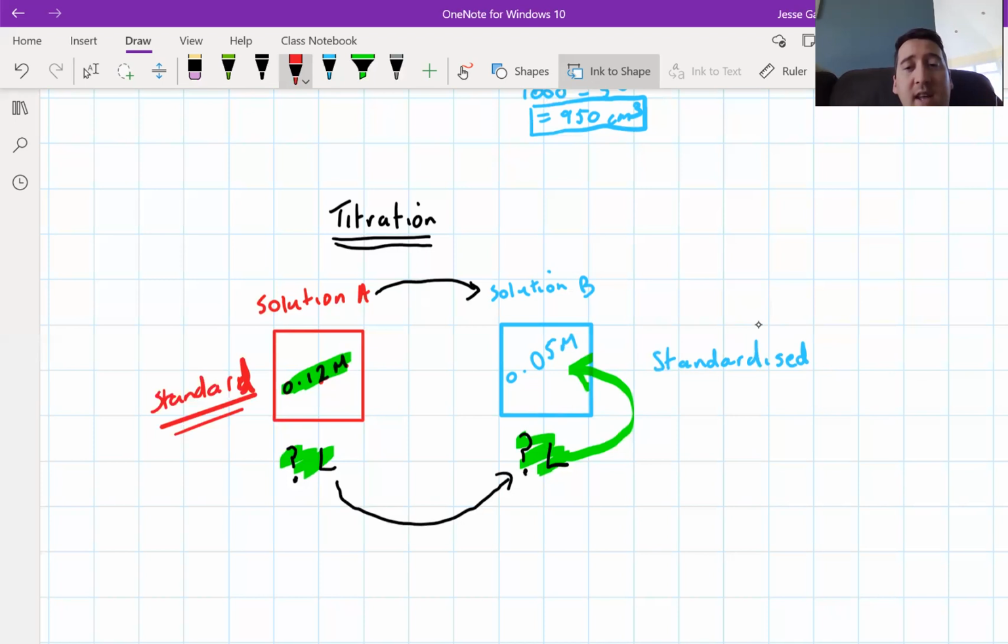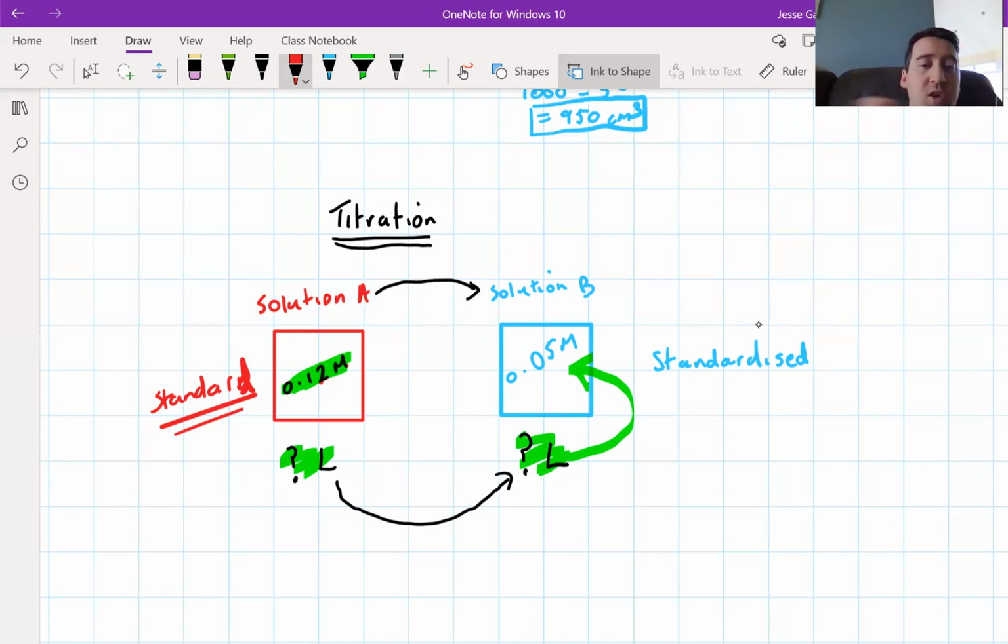Now, is it as accurate as A? Probably not, because things can go wrong in the titration, but it's going to be pretty good. It's definitely not as good as A, but if you've done it right, it should be very close to the real concentration.